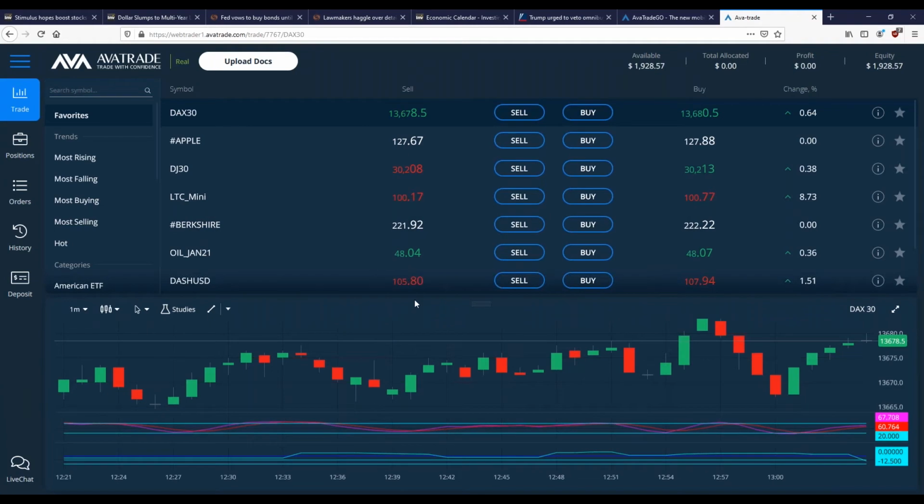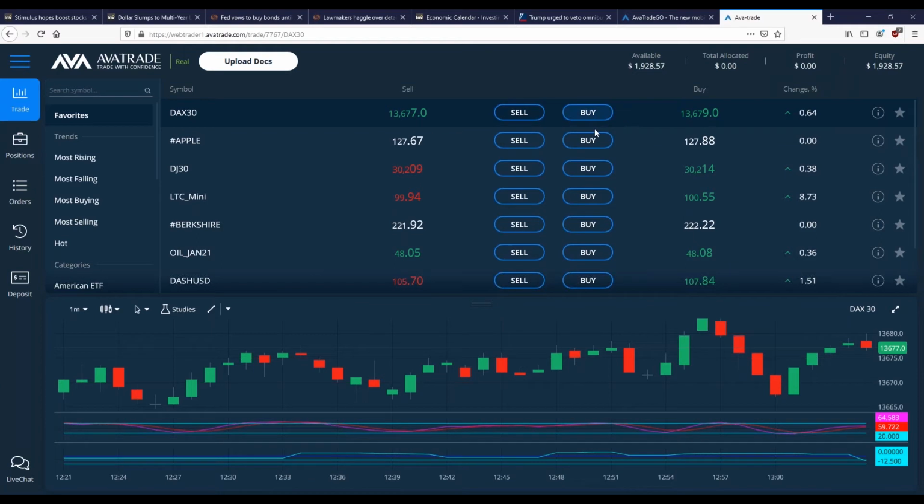Those of you who have been with AvaTrade for a while, maybe since before we had the WebTrader platform offered, if you don't have this platform show up when you log in to your client area from our main website, ask your account manager or ask support. You can have the WebTrader applied to your account as well so that it's available.